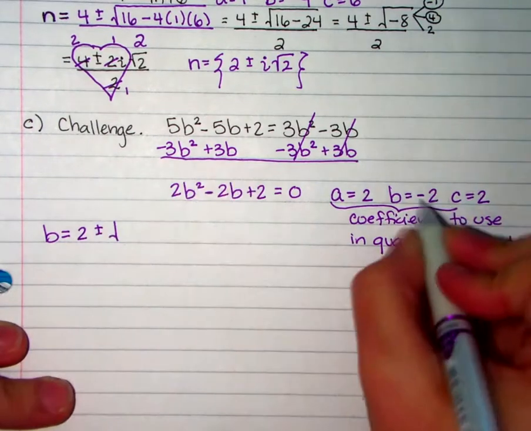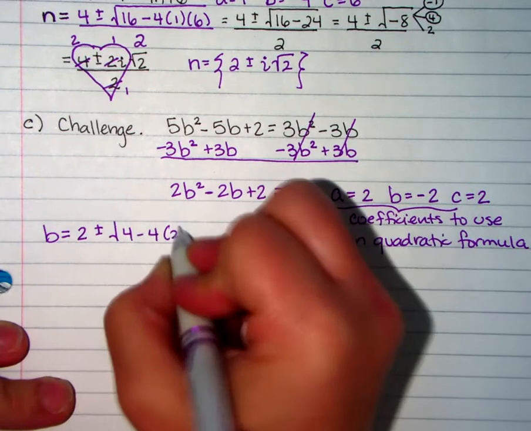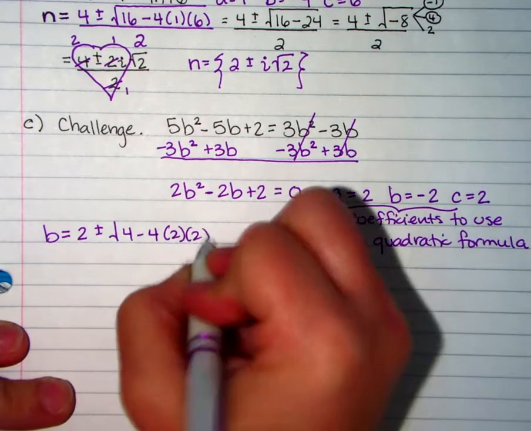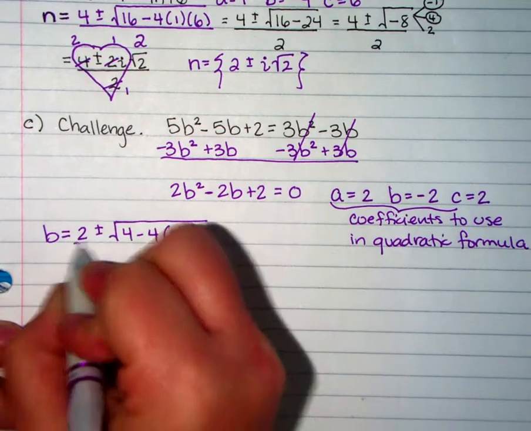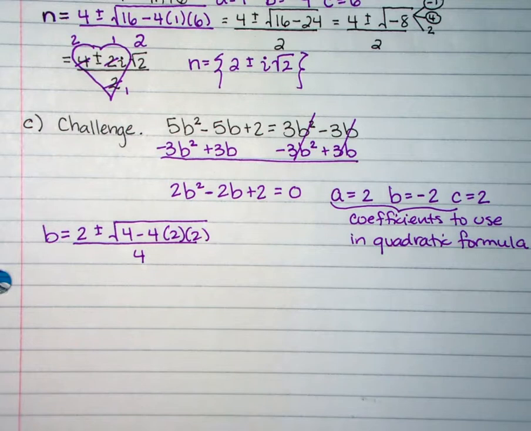I've got my 2 plus or minus root 4 minus 4 times 2 times 2. This is a minus 16 all over 4. So again, we're going to leave the 2 on the outside. 4 minus 16 is a negative 12.